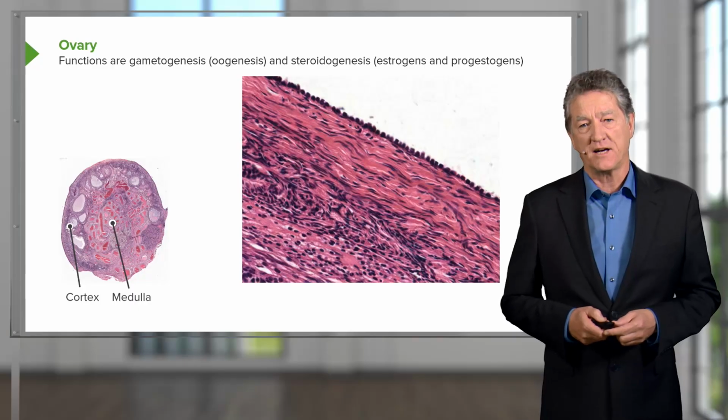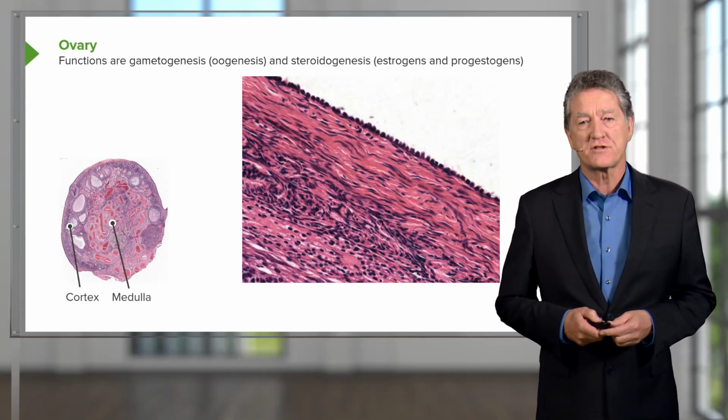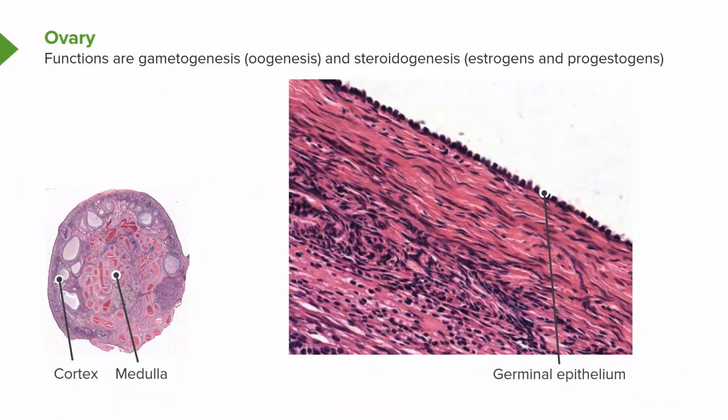On the right-hand side is a high magnification section taken of the epithelial surface of the ovary, and it's named the germinal epithelium. It's a mesothelium consisting of cuboidal cells, wrongly called germinal epithelium because early histologists thought this epithelium gave rise to the cells that formed the follicles in the cortex.